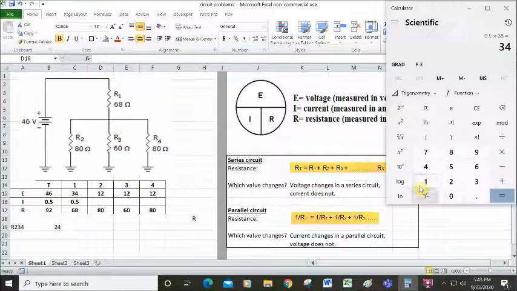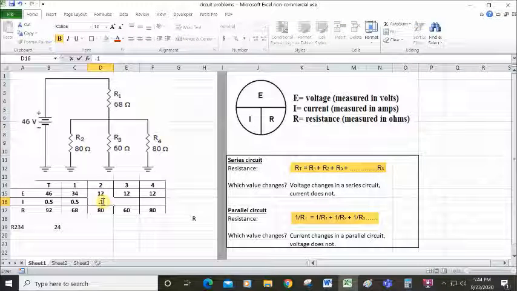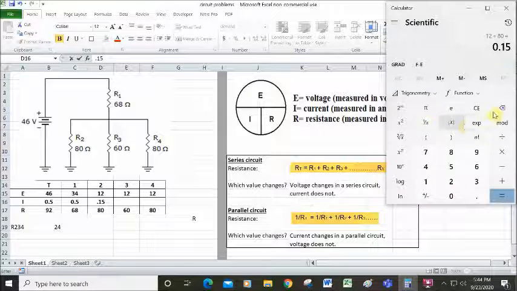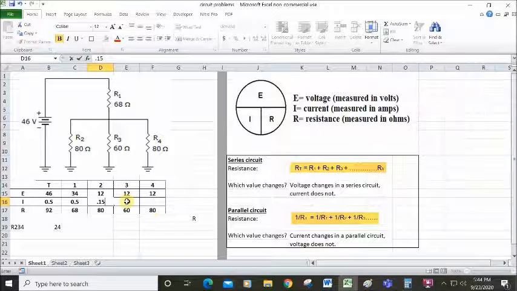Let's do the math. 12 volts divided by 80 for R2 gives us 0.15 of an amp there. 12 volts divided by 60 for R3 gives us 0.2 of an amp there.